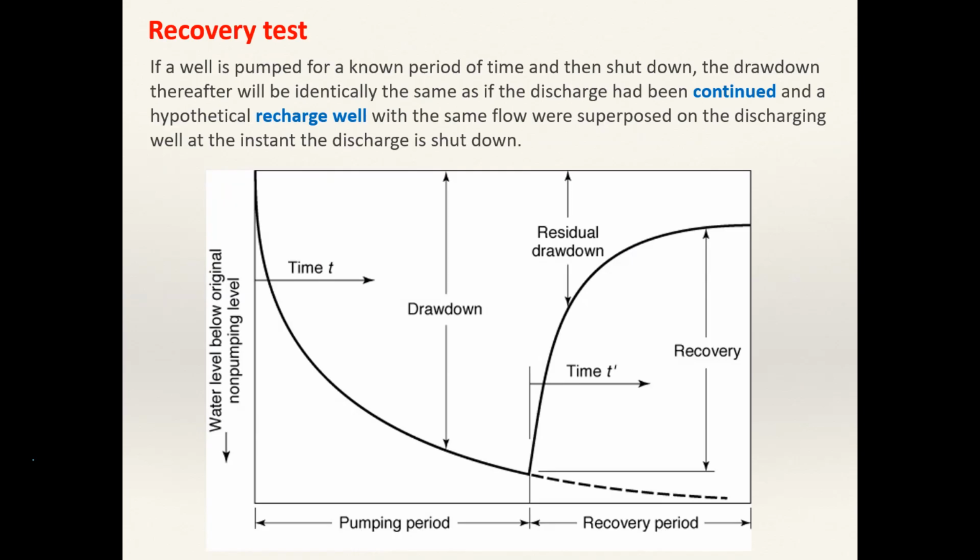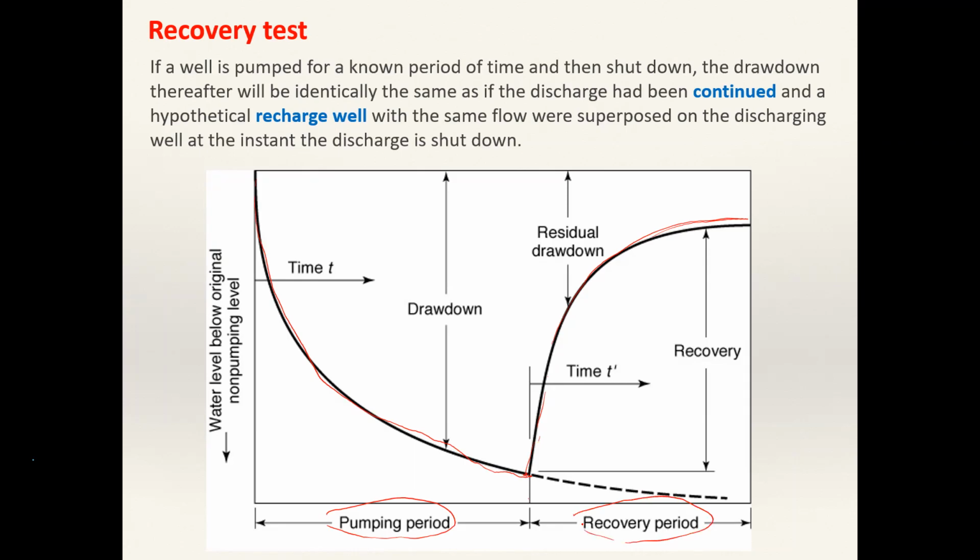That is what we call the recovery test. Right? So this is the water level, how it goes down during the pumping period. Right after you stop the pumping, the water level starts recovering. The water level again increases. That is what we call the recovery period or the recovery test.